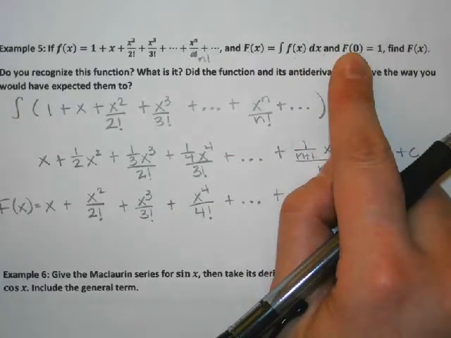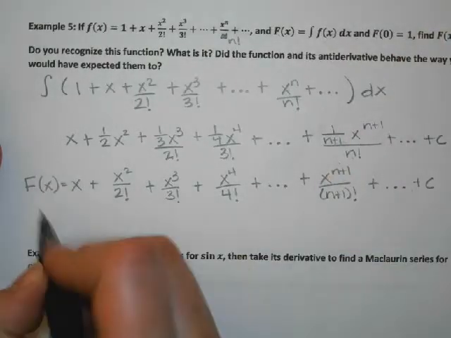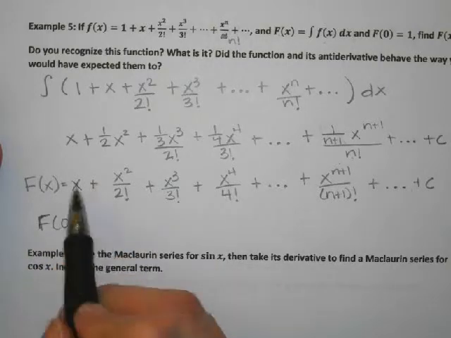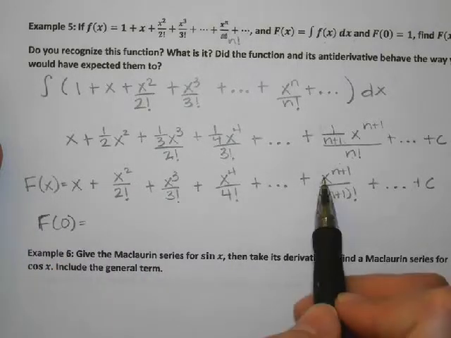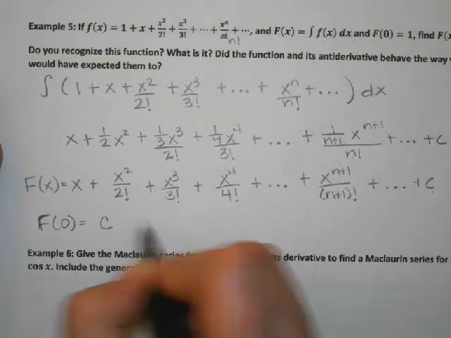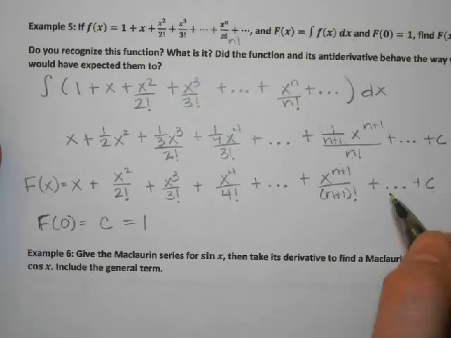Now we plug 0 in, and we get 1 as an answer when we do that. So if we think about finding capital F of 0, and we plug 0 in, what do we get? C. And when I plug in 0, it equals 1. So the C value is 1.